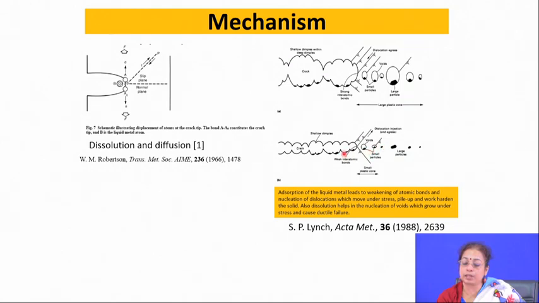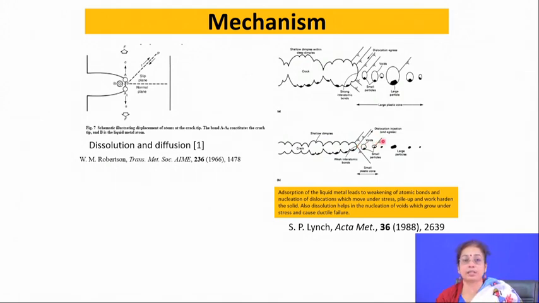Naturally, you can understand that there is interatomic bond weakening, the dimples are quite shallow in nature, the crack propagates at a much faster rate, and finally the material fails.